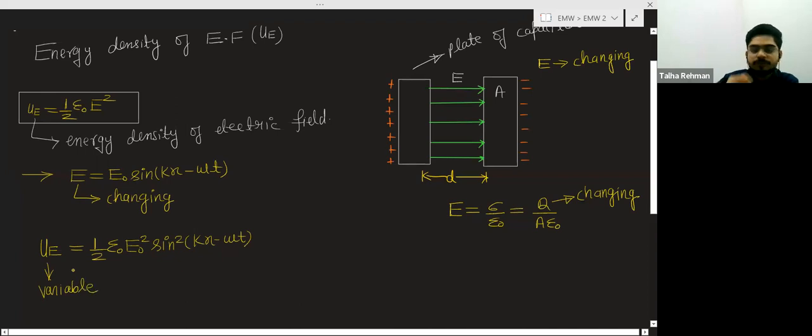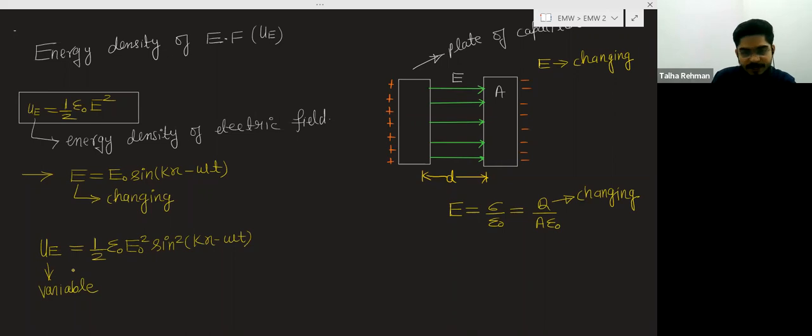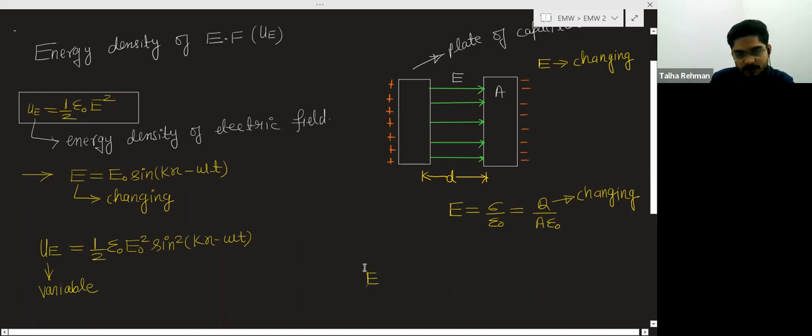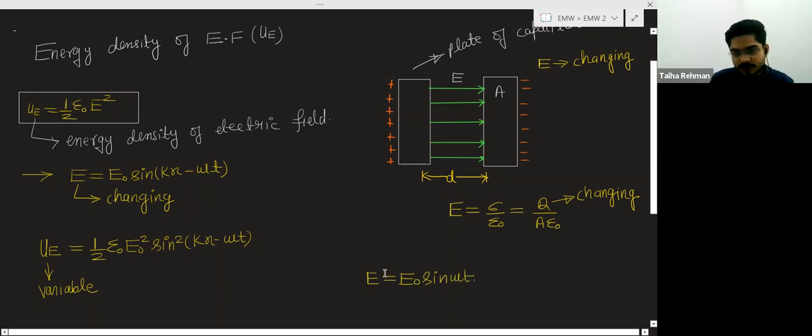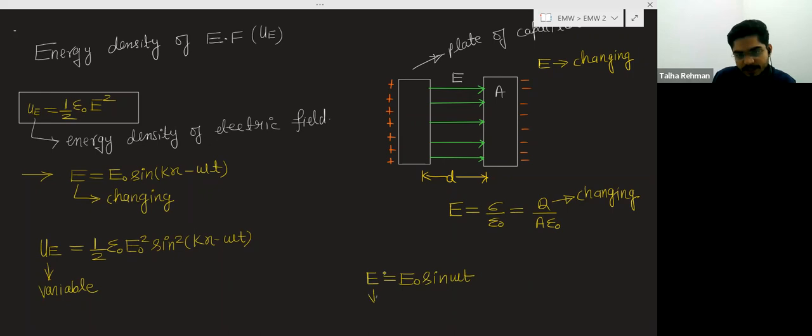Now what will we do? Earlier I told you about the equation of the EMF in alternating current, E is equal to E naught sine omega t. There I told you this E was changing with time.